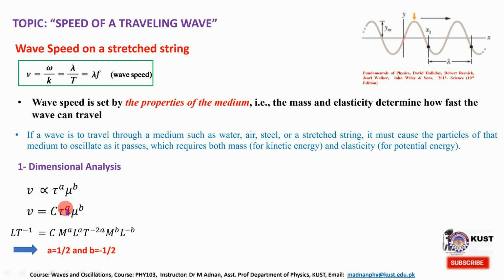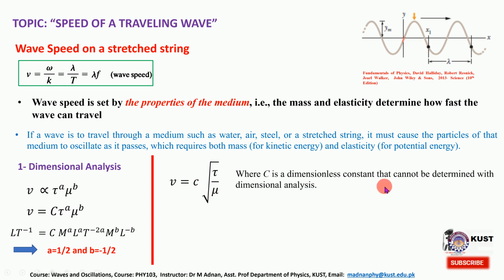So if we put this a and b here, the speed is proportional to the tension in the string, and inversely proportional to the mass density, where c is a dimensionless constant, so it cannot be determined with dimensional analysis. The c is something one can see in the second method, where this c is actually 1.